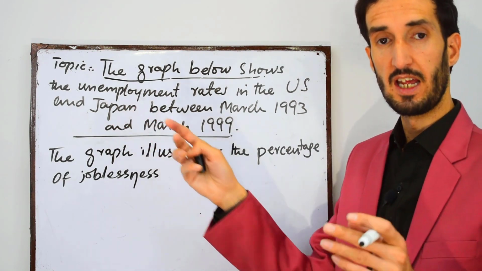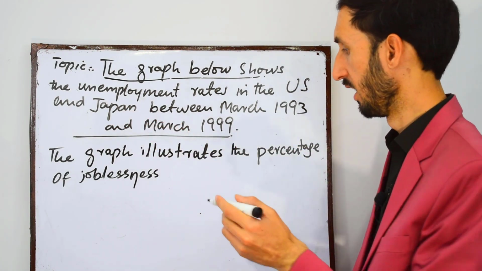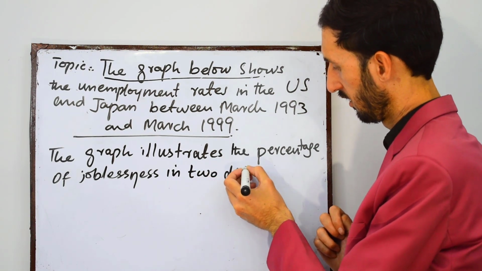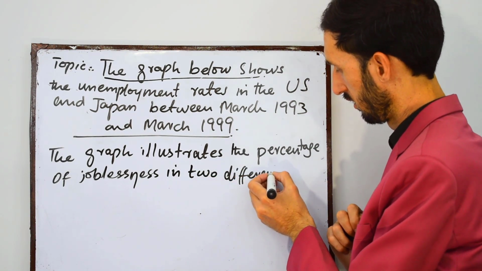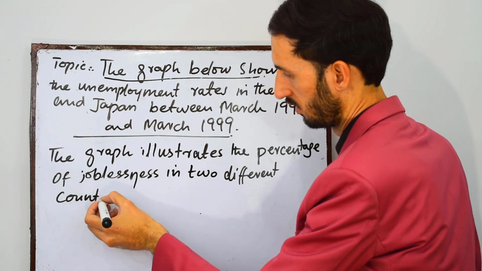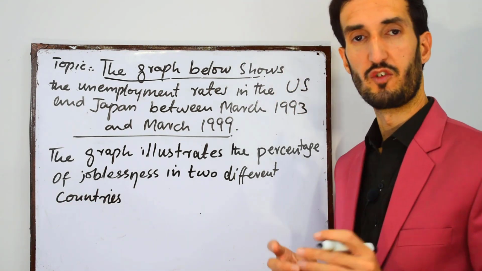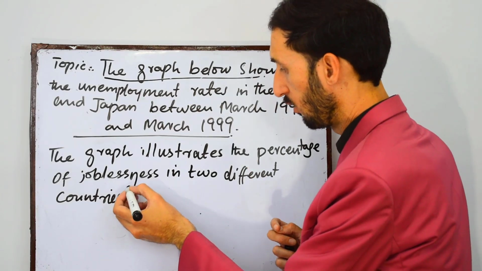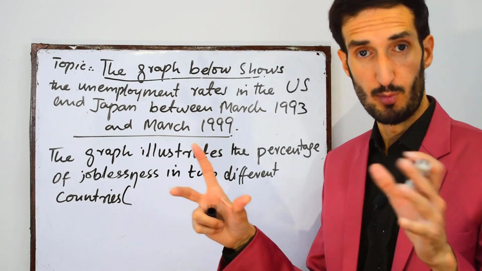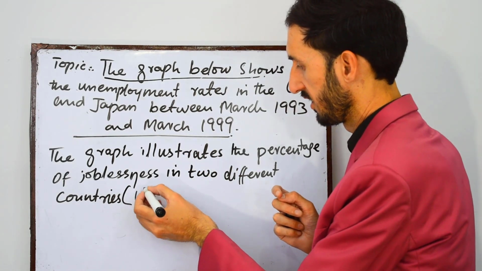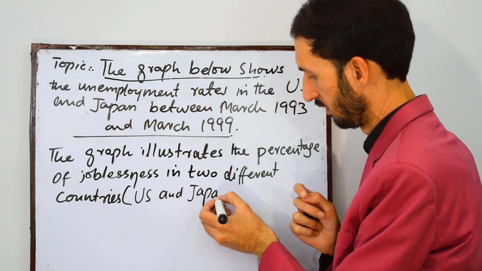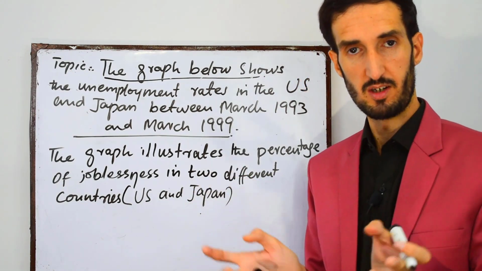So I'll paraphrase it as in two different countries. And I will also mention the countries' names, that is US and Japan, but in brackets. Right? Put them in brackets.